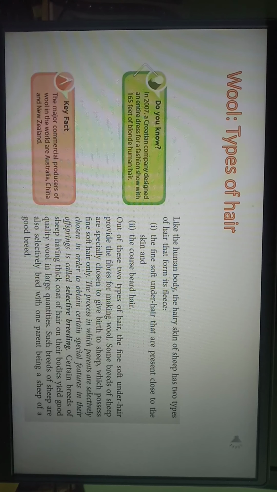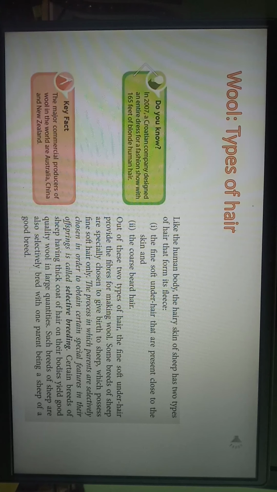For example, the wool which we see in the markets, that type of wool is obtained from the fine soft under hair. There are two types of hair: one is very close to the skin, the fine soft under hair, and the second is the coarse beard. The wool which we see in the market is obtained from the fine soft under hair. Am I clear?